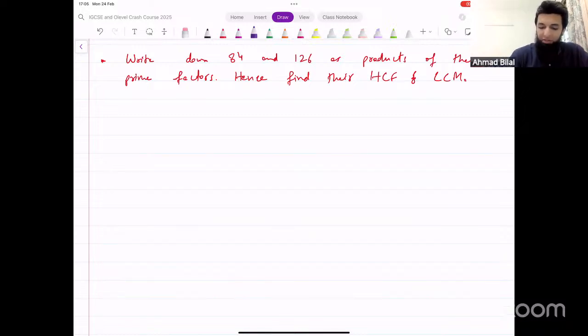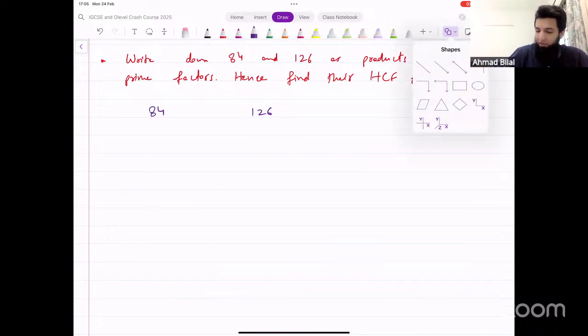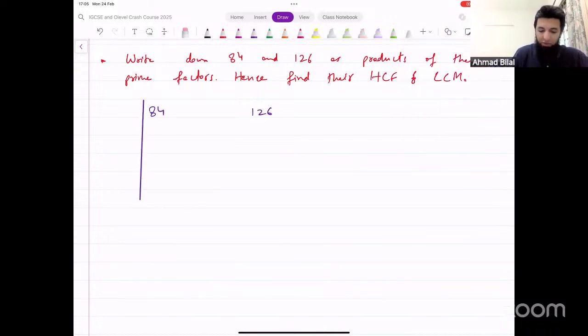Now, how does this process work? This is one way of doing this, that you do them together like this, or let's do them separately first. So 84 and 126. Let's find their prime factors. Now, this is how most of you are used to doing it.